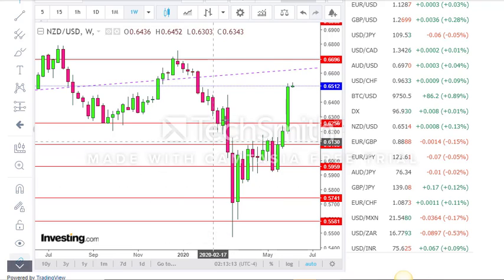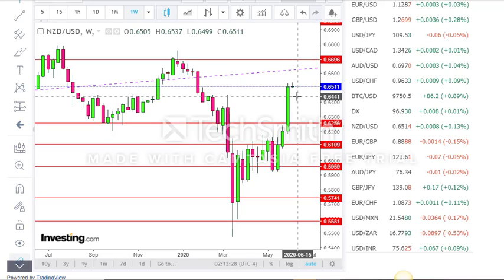But if you're not already in and it continues to just go up to try to test this area of resistance, I'd probably hold off just to see if this level is conquered, because it is so close to reaching that level of resistance. You don't want to get in at the wrong time. But then if you're trading on the lower time frames and you don't mind getting out and getting in within a short period of time, sure, go ahead, take it.